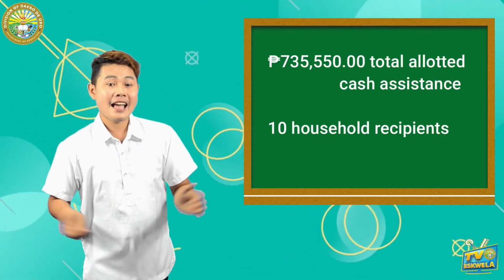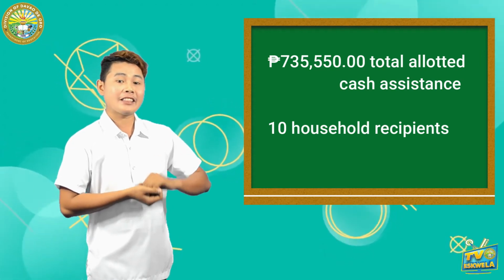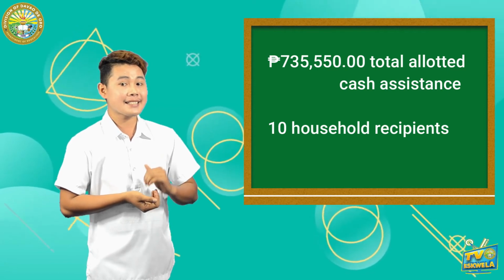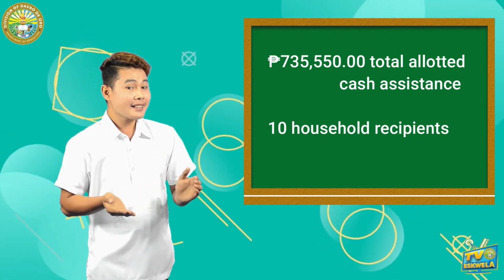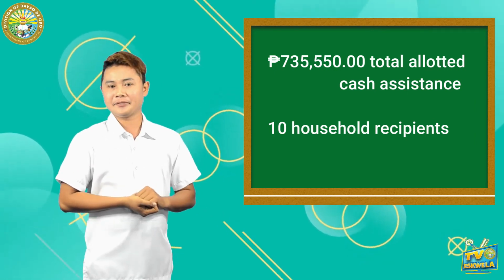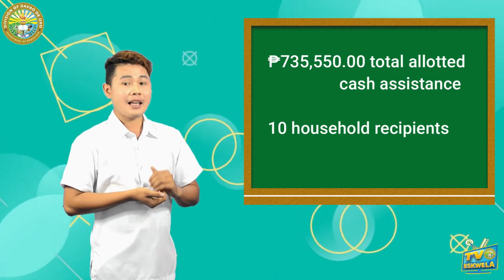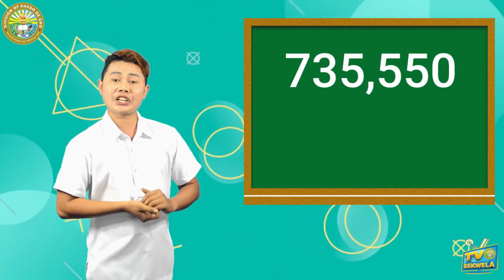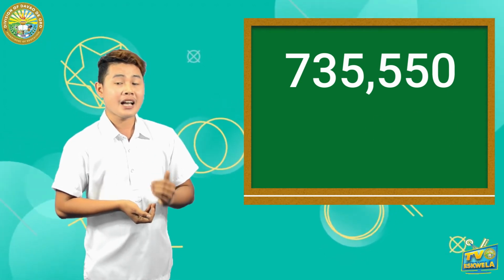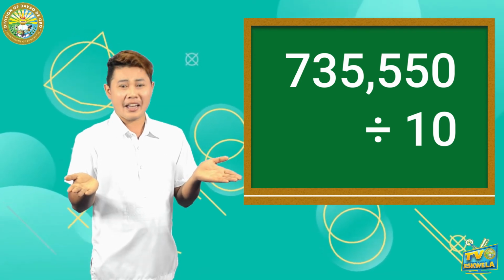Very good! 735,550 pesos total allotted cash assistance and 10 household recipients. To solve this problem, we have to divide 735,550 pesos by 10. We may use the long method.